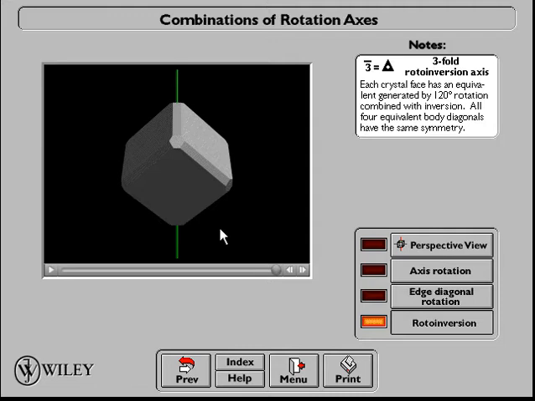So when we are looking at this cube, we have a 4-fold rotation, we have a 2-fold rotation, and we have a 3-fold roto inversion axis. And that is the way we are describing crystals.